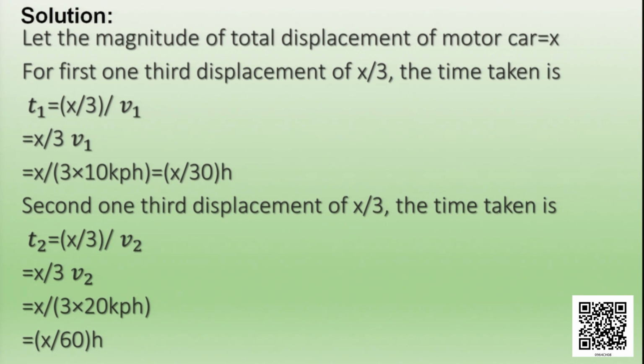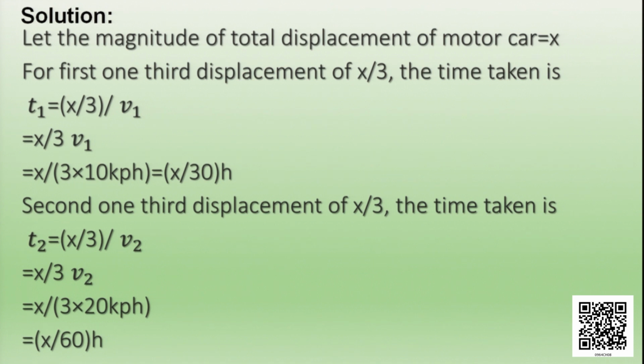So for the first 1/3 displacement x by 3, the time taken is t1 equal to (x by 3) divided by v1, equal to x divided by 3 into 10 kph, equal to x divided by 30 hours.